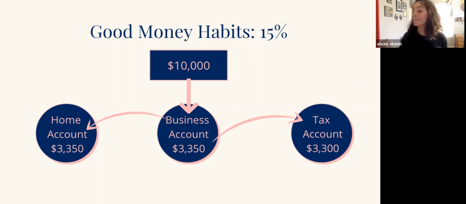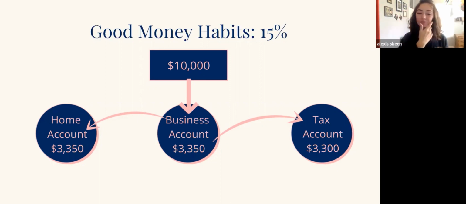Just go ahead, move it over, and do not touch it until the end of the year when your CPA and you are going over your taxes. So the first thing you're gonna do, $10,000 in, 33%, gone. It's not there, it's gone, okay?